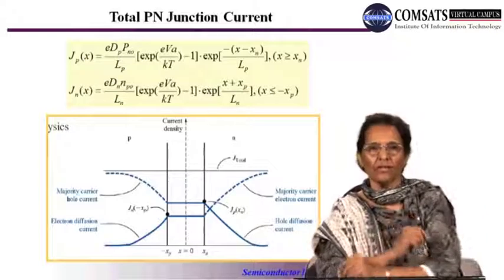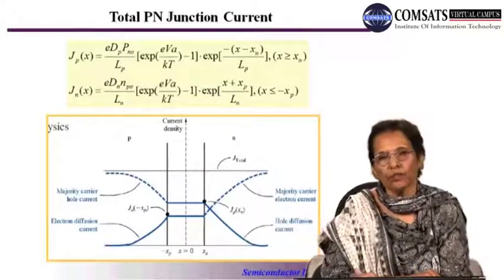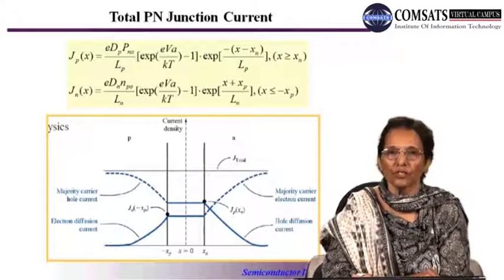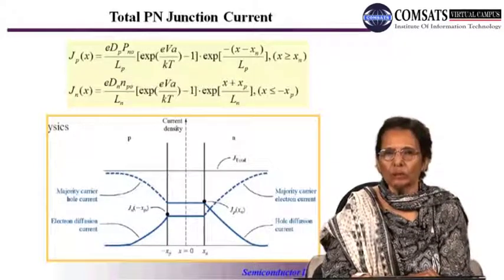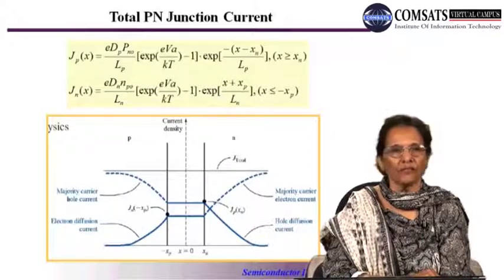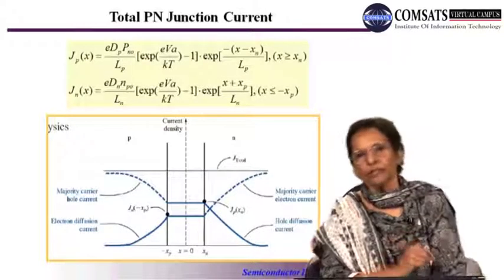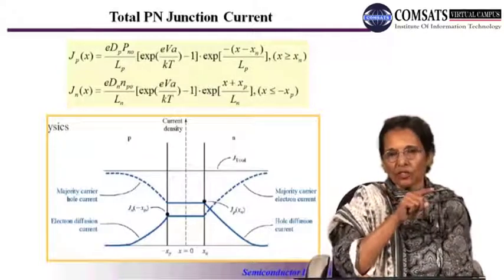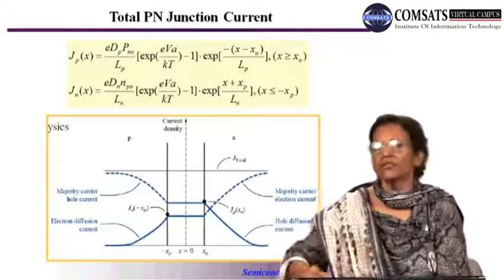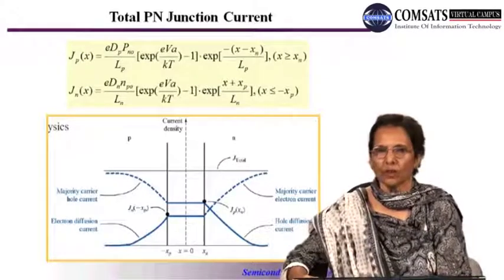This is again a very interesting and important result that we have obtained quantitatively: even though the minority and majority components of current are different both in P and N region, yet the total current remains constant throughout the device. That's a very important result that we obtain.